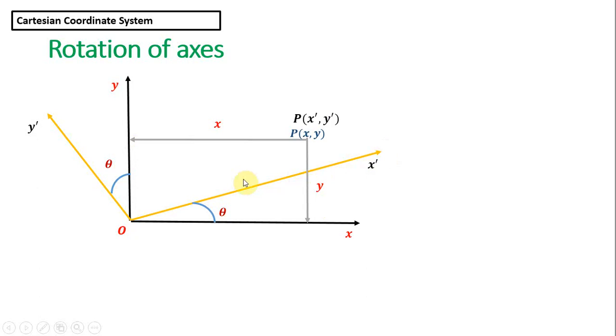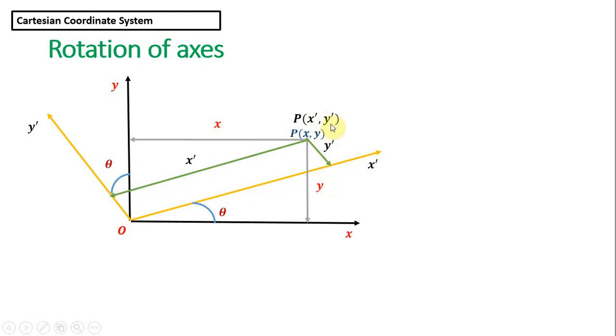In this frame of reference, the point P gets coordinates x prime and y prime, and in similar fashion the x prime coordinate would be a line parallel to the x prime axis and perpendicular to the y prime axis, and the y prime coordinate would be the line parallel to the y prime axis and perpendicular to the x prime axis, as you can see here. So now the question is whether we can have a relationship between the old coordinates, that is x y, and the new coordinates, that is x prime and y prime, and the answer is yes.